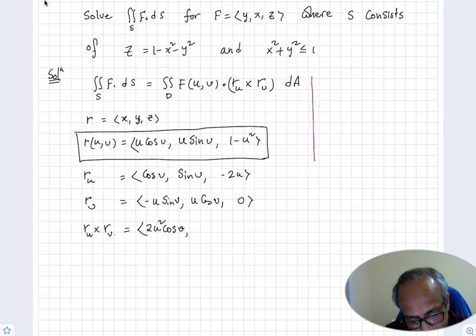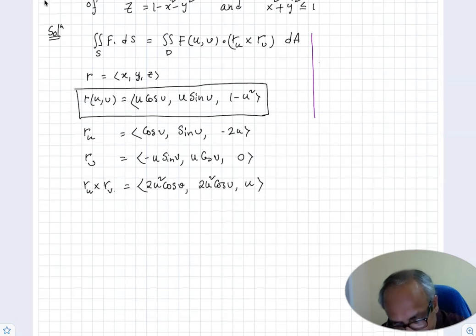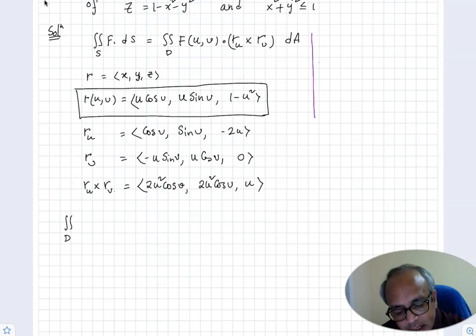So we have again 2u square cos v, and then the third term will be, if we just look at here, u cos square v plus u sin square v. So you can take u out, you get u times sin square v plus cos square v, which is 1. Okay, so then we solve this integral here.